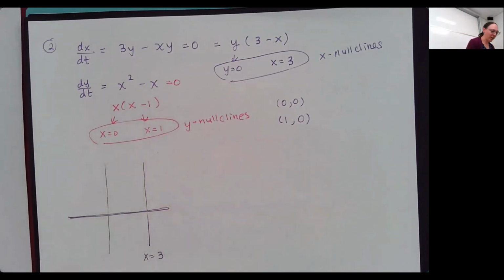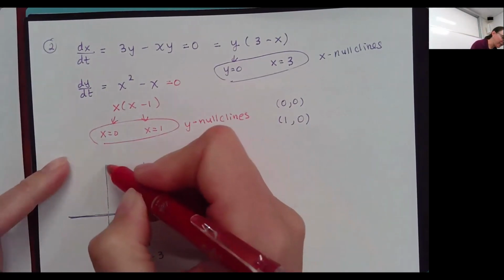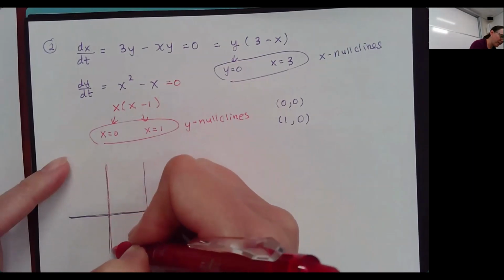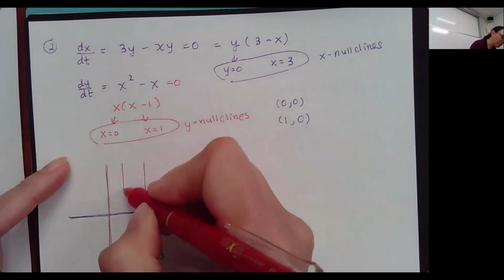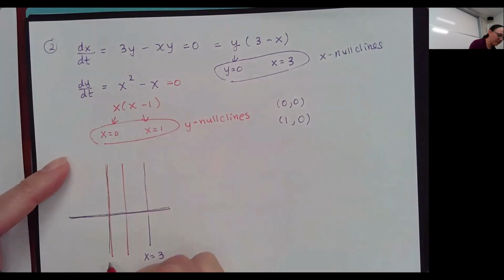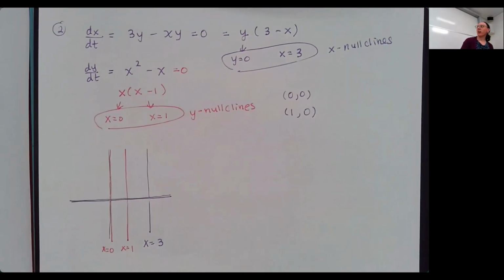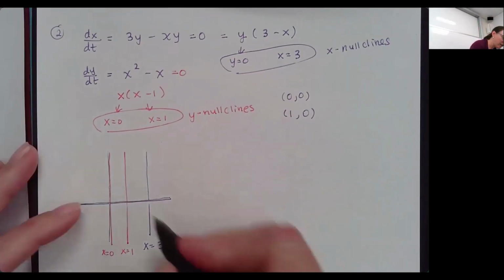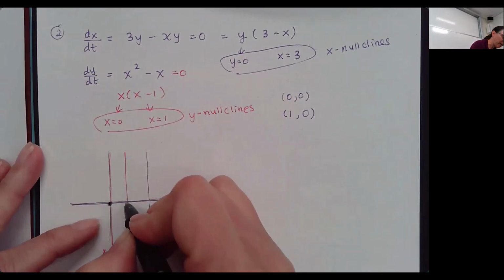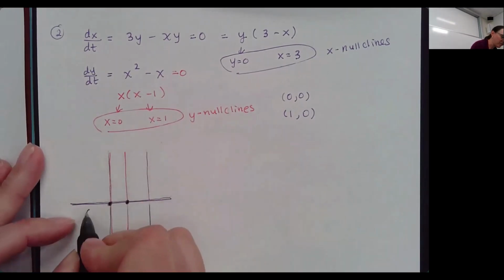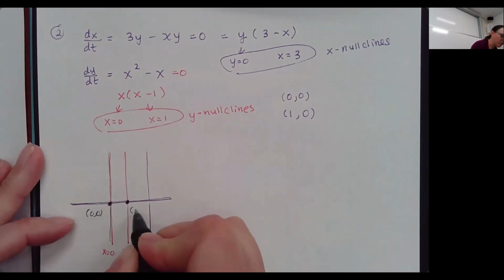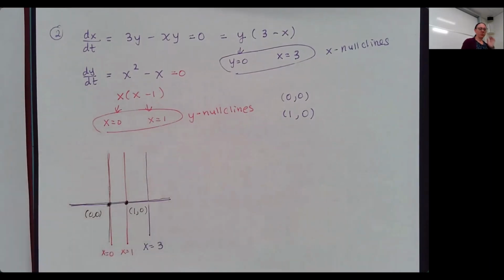And then my y null lines are at x equals 0 and at x equals 1. So the only two places where I have a purple null line intersecting a red one are right here and right here, at (0, 0) and (1, 0). So those are my equilibria.